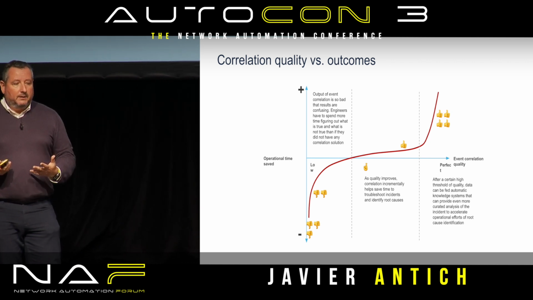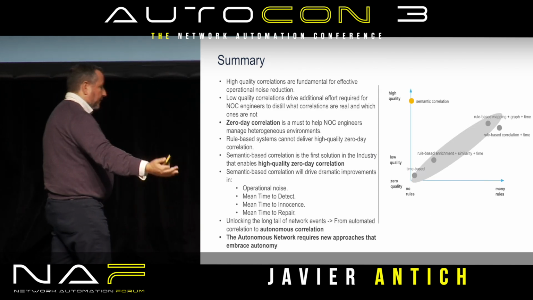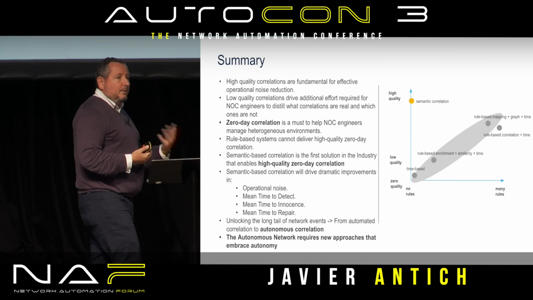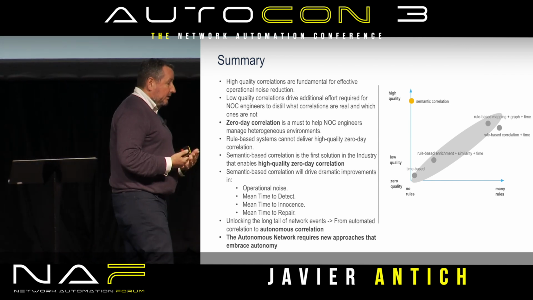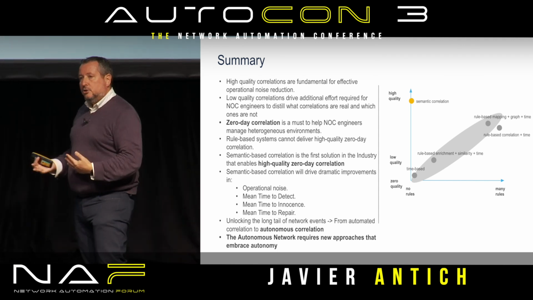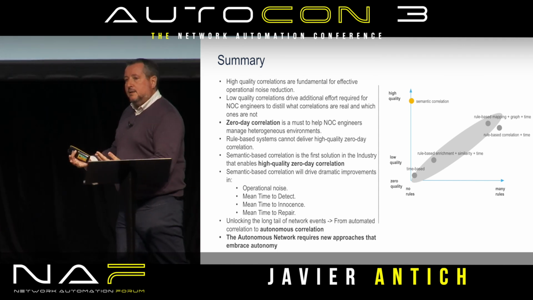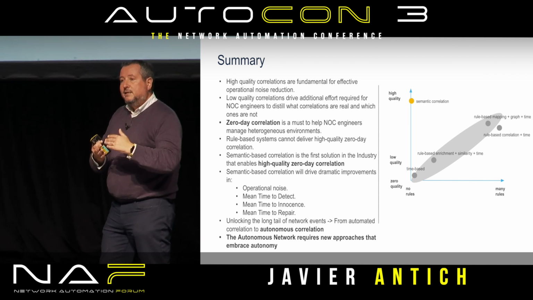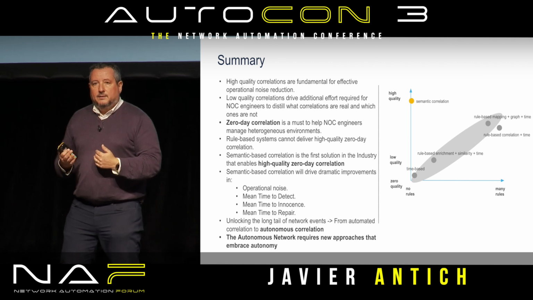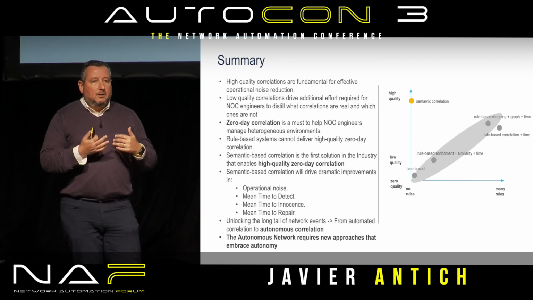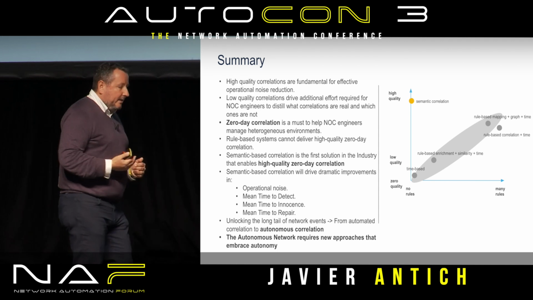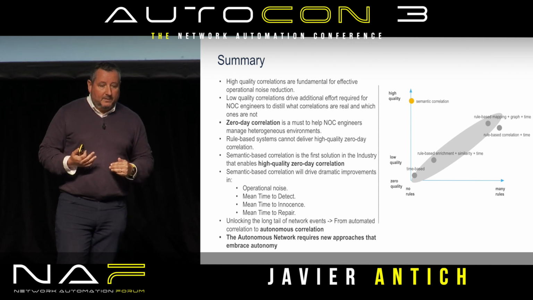So I think there is an opportunity, in this era of autonomy, to rethink how we implement or how we automate certain processes. In this case, event correlation. We really need to have the aspiration of zero-day event correlation, and also, by the way, zero-day for other things, because in the era of autonomy, we need to start depending less and less on human-created artifacts, and that means being more zero-day in many use cases, right?